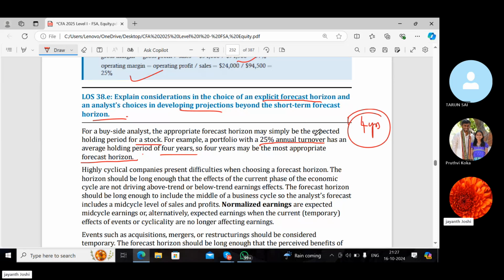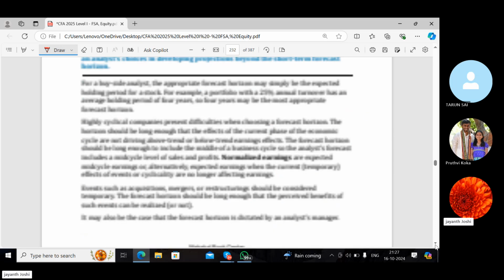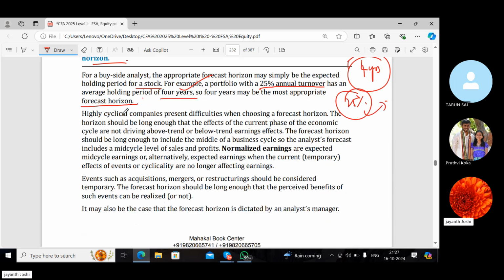So you are taking an average holding period of 4 years, correct? That means on an average, if you are selling 25% each year, it takes 4 years for 100% to happen. So we see very highly cyclical companies, which start from one point and end at one point. So there's a cycle, which presents difficulties when choosing a forecast horizon.